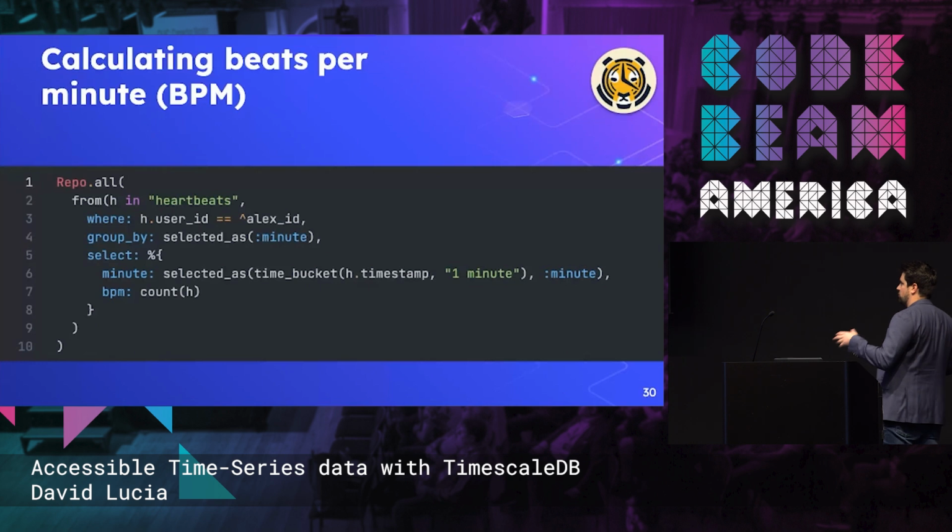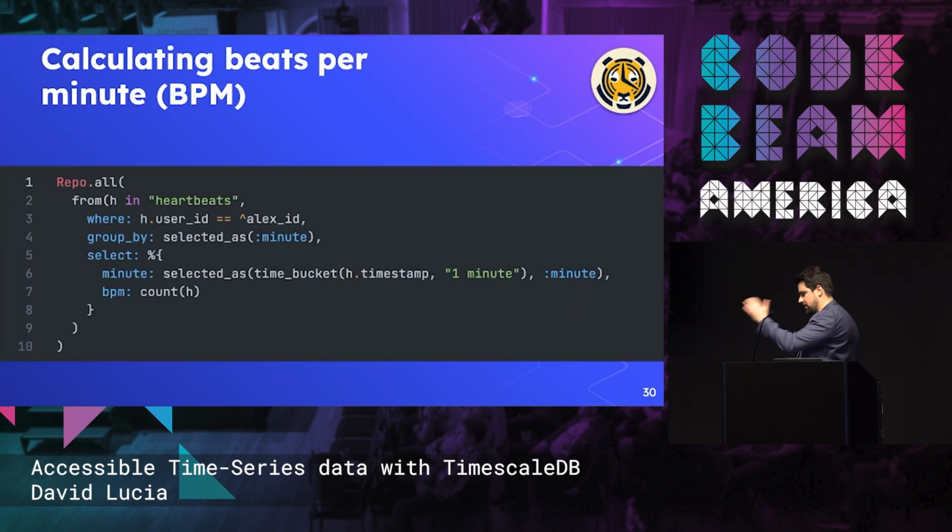OK, so now let's do something interesting. Let's calculate our beats per minute from our example earlier. So we saw the hearts going across the page. We want to start at the beginning of a minute and the end of a minute and just sum up the number of heartbeats that we saw. So with this, we're going to group by the minute. The minute is defined as taking the 1 minute timestamp and calling that minute.